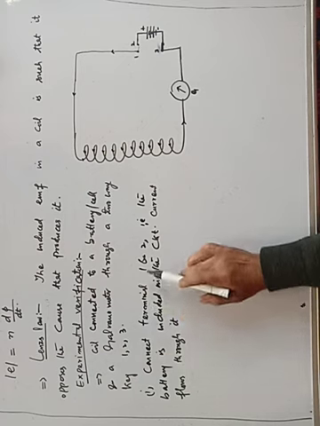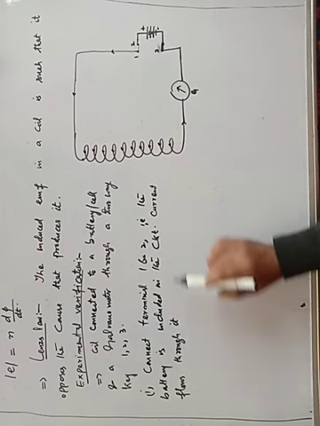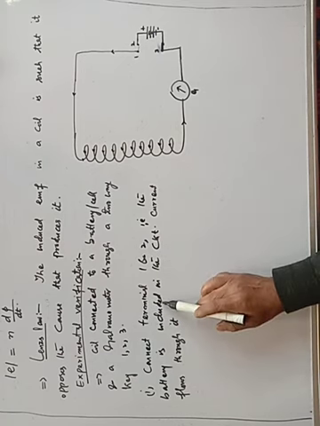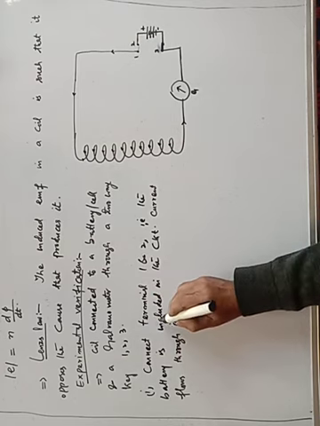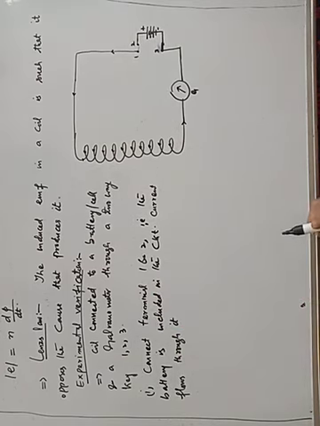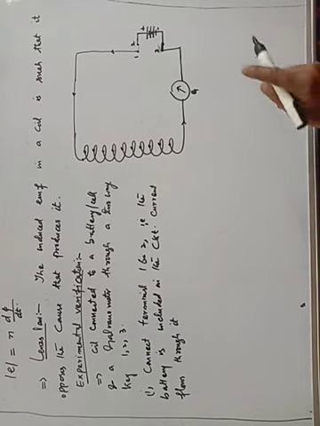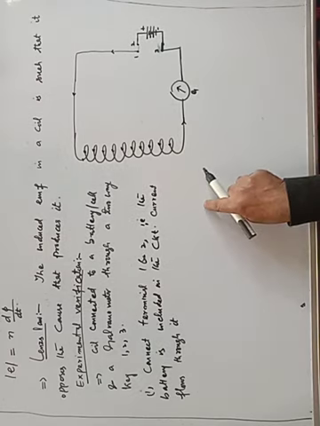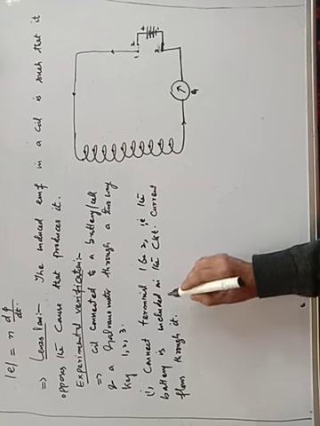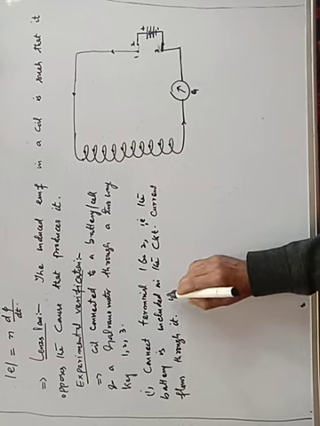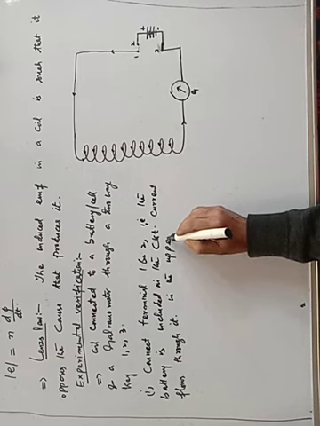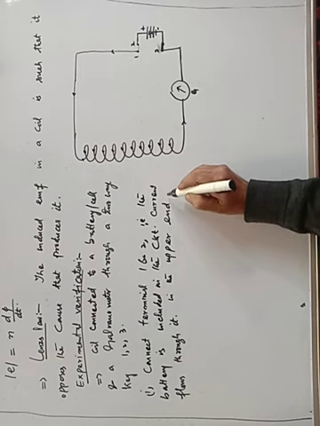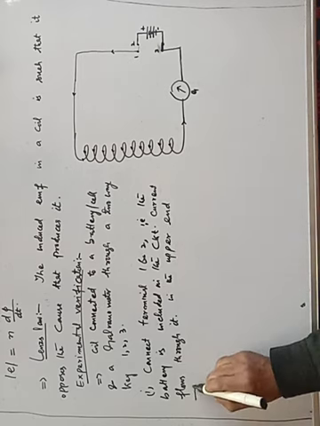So connect terminal 1 and 2. That is, the battery is included in the circuit. It sends the current through it. Therefore, in the upper end, what is the direction of the current?